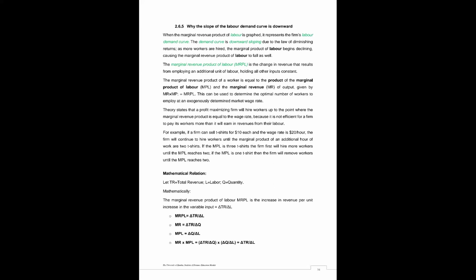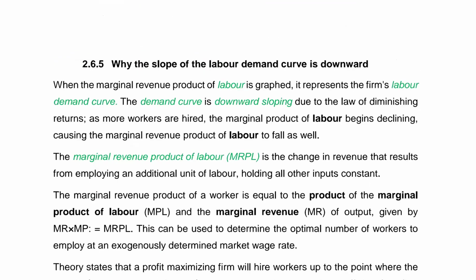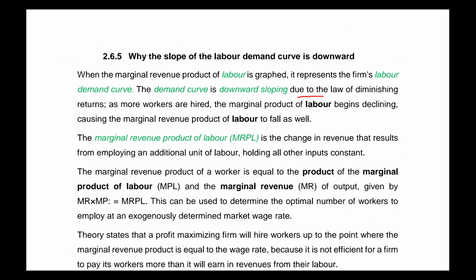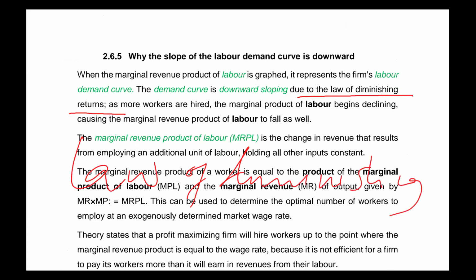Now, maybe we may try to answer the question: why is the labor demand curve downward sloping? The labor demand curve is downward sloping because of the law of diminishing returns. What does that mean?